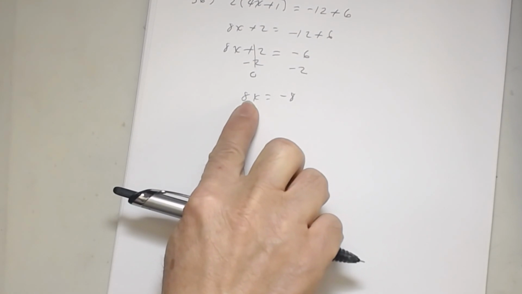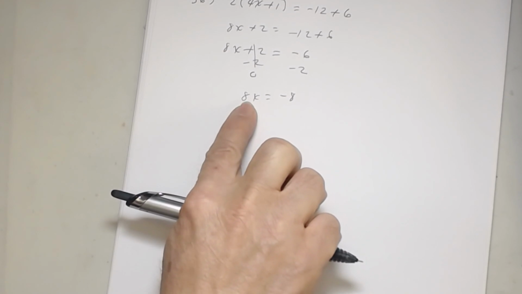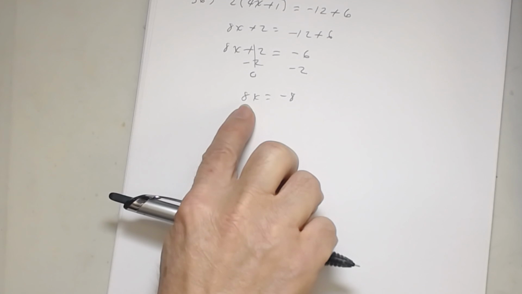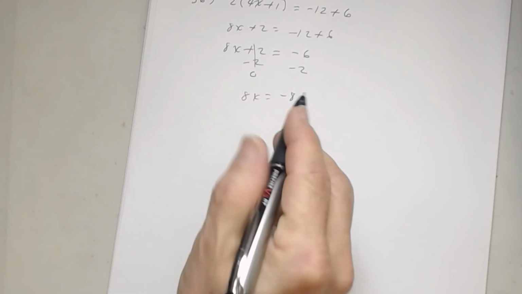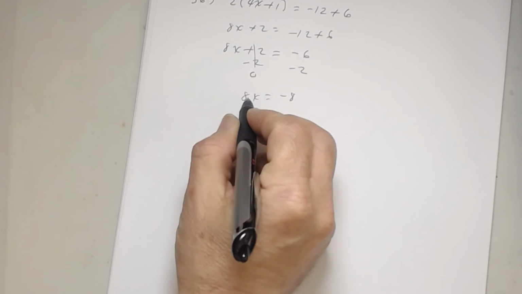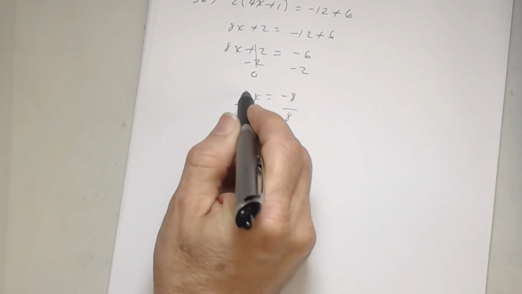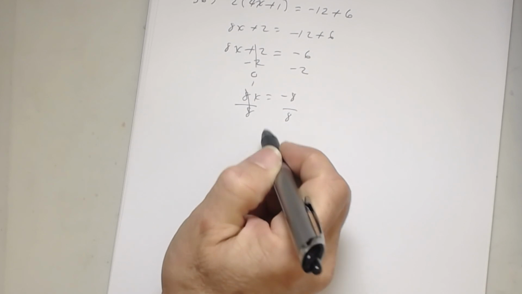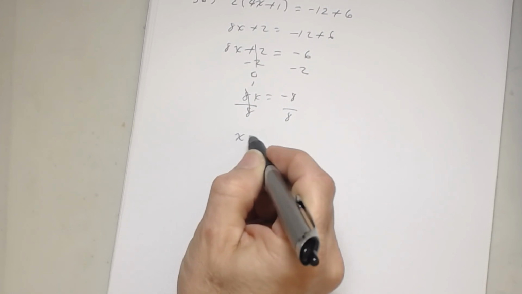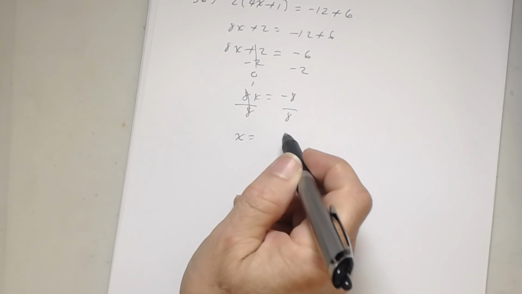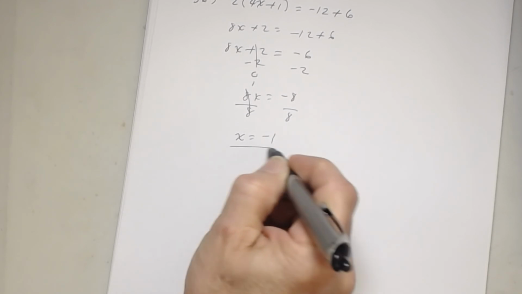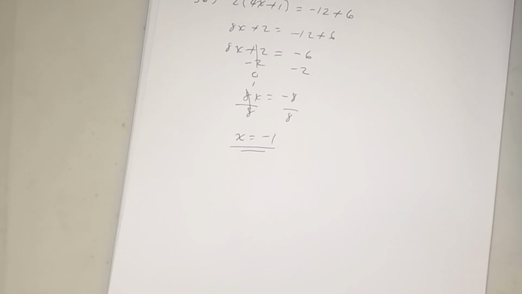This says 8 times x. So 8 is the coefficient. That's why one of the worksheets talked about coefficients. The opposite of multiplication is division. Remember, you want to get a 1x here. The only way you can do that is divide both sides by 8. 8 divided by 8 is 1. 1 times x is x. What's negative 8 divided by positive 8? Negative 1. So that's your solution.